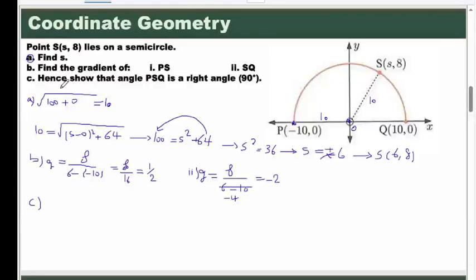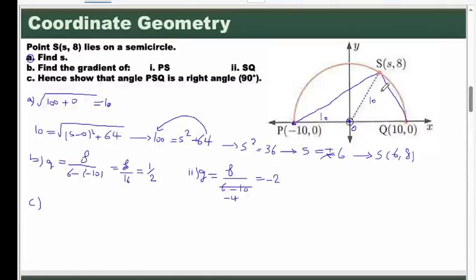It says to show that angle PSQ is a right angle, 90 degrees. We have a rule that says any angle in a semicircle, at the circumference of the semicircle, subtended to the diameter like this, would be a right angle.